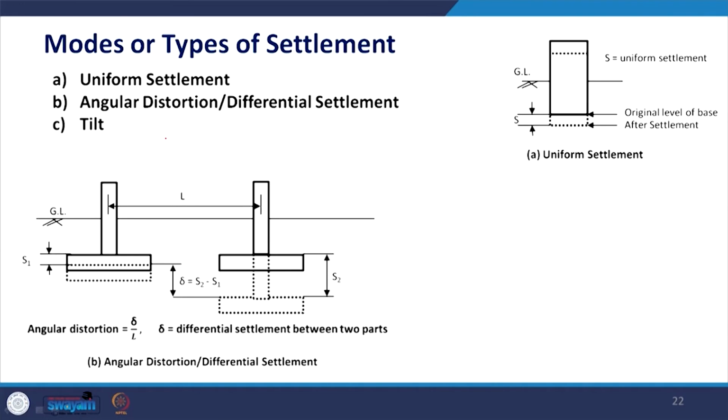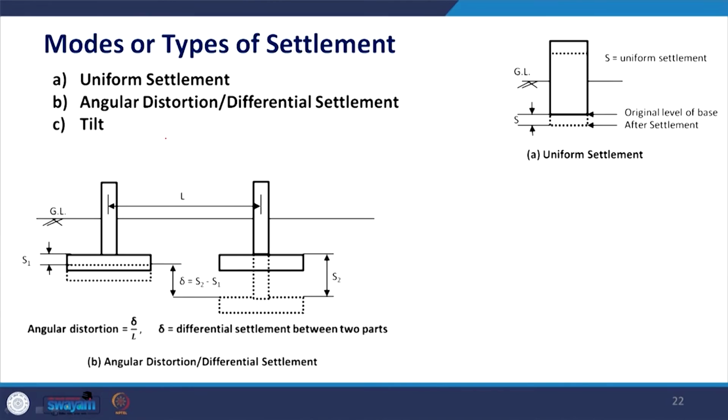One is called uniform settlement. For uniform settlement, your building settles uniformly, which is the case here in case A. If you see case A, the solid line was the position before the settlement, and the dotted line is the position after the settlement. So, the base of the building was initially here, and it moved down by a distance S.